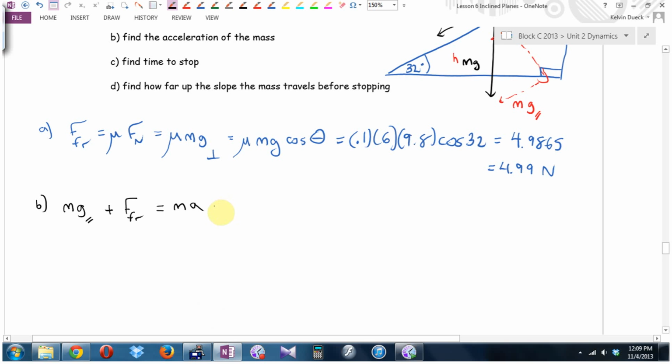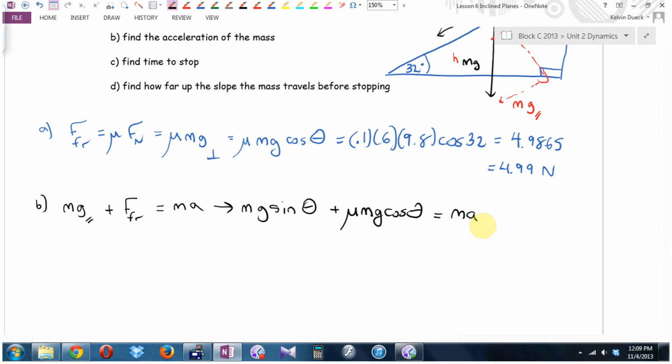I'm going to say to myself, okay, mg parallel ends up being mg sine theta, sine 32, plus friction ends up being mu times the normal force. I don't know the normal force. Oh, but look. I know another force the same size as the normal force, mg perpendicular, which is mu mg cos theta. That equals ma.